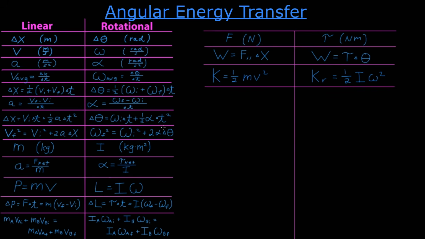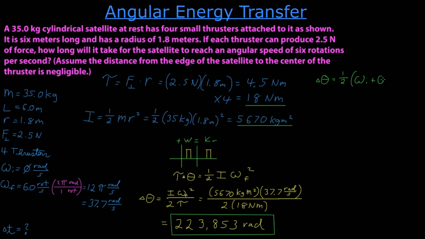Now I'm going back to our linear angular chart, and I'm going to borrow the first kinematic equation. Angular displacement is 1/2 omega i plus omega f, which is average angular velocity, or omega average, times time. Therefore, time is 2 times angular displacement. There is no initial angular velocity, so I'm just dividing by final angular velocity.